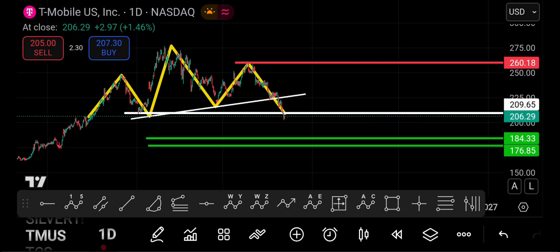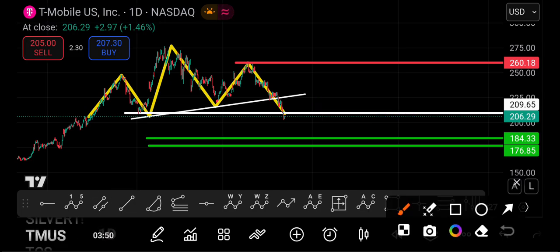And now, because the stock has fallen for a very long time, there is a possibility that its RSI is oversold, and due to the oversold RSI, you may face a bounce from here. So if you get a bounce, don't think that the upside has resumed unless and until you get a closing above this level.